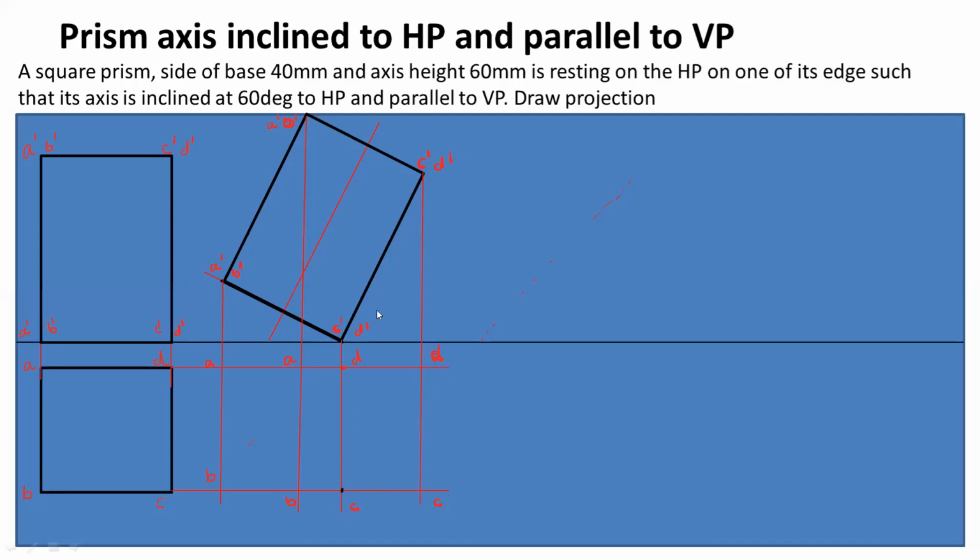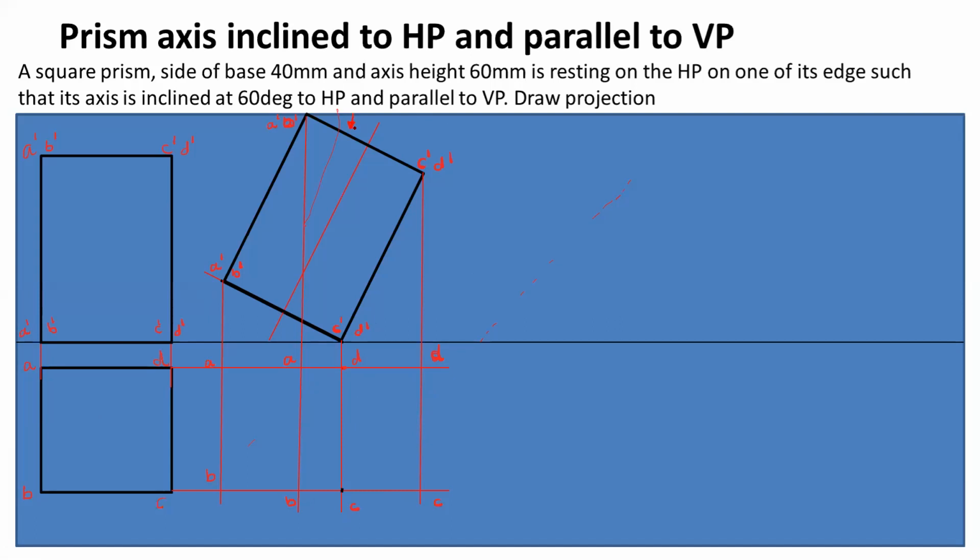Now to find the visible edges and the hidden edges, we need to observe from the top direction. If you observe from the top direction, this is the position of the observer.